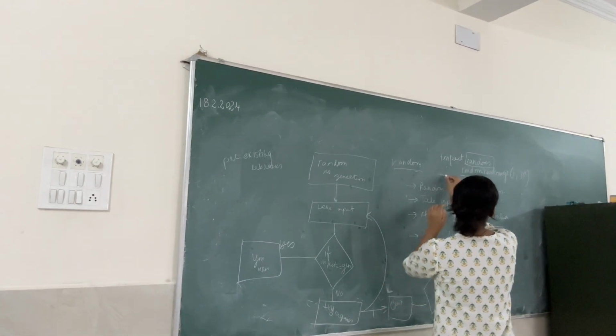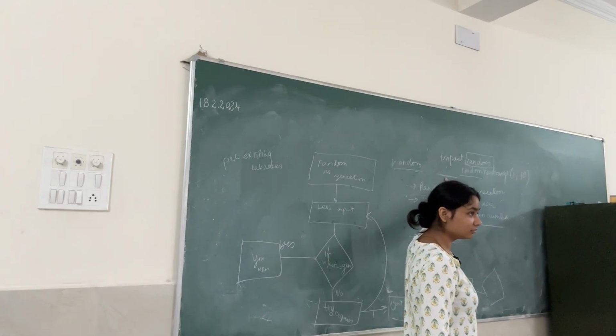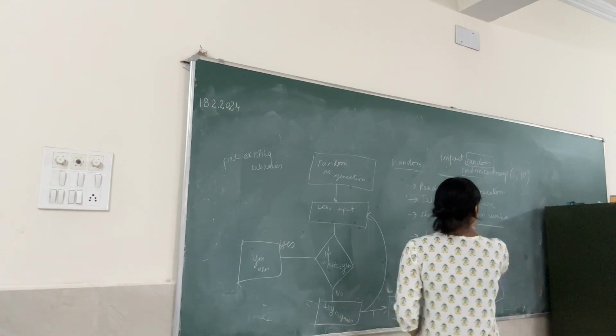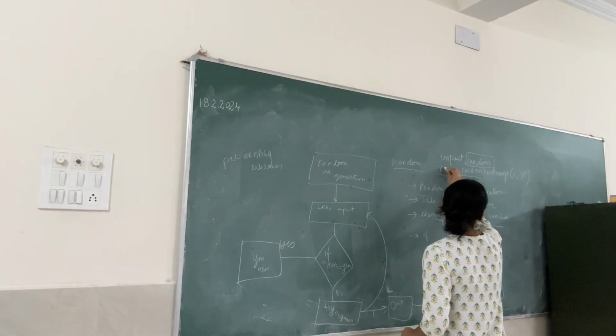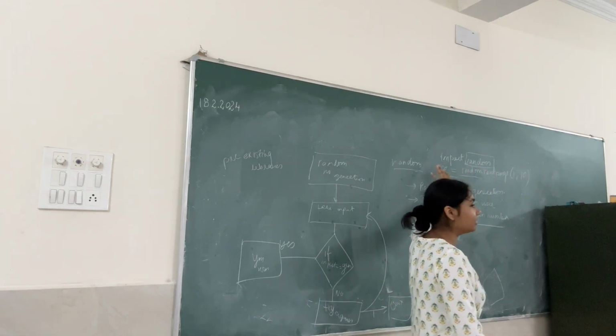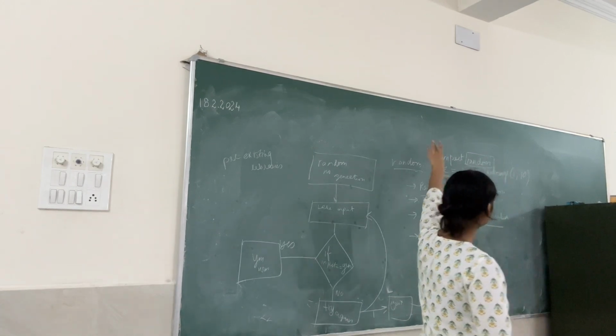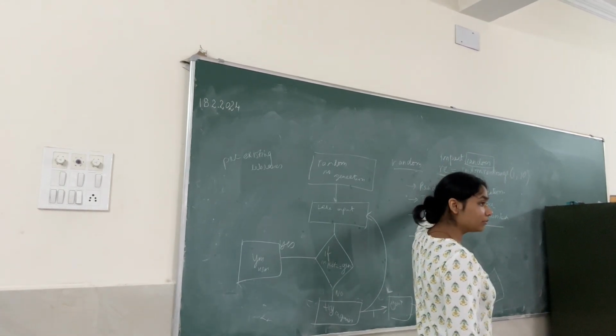Variable name, let's just call it re is equal to. That's all I have to do to store this in a variable. So that's how we will start, and this will have the random number generated.